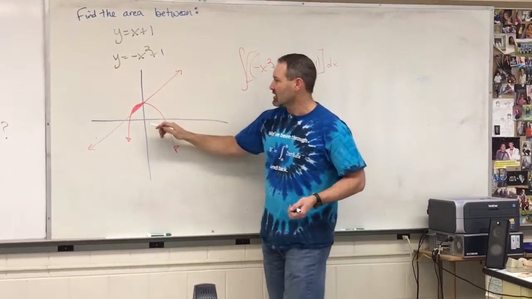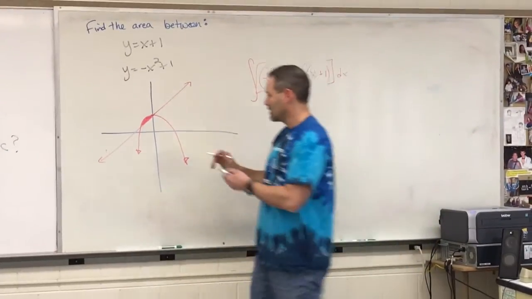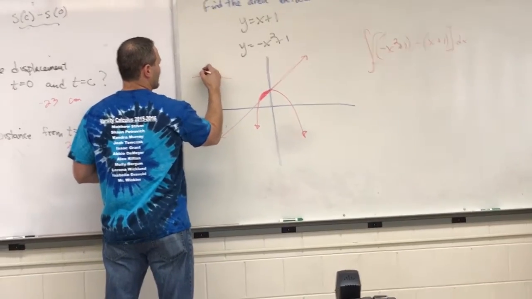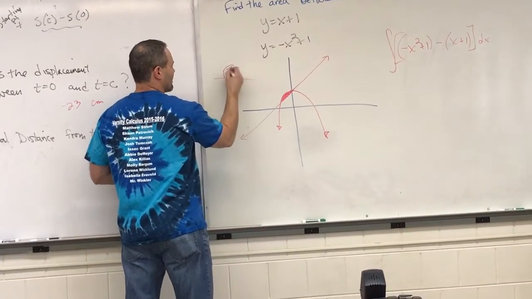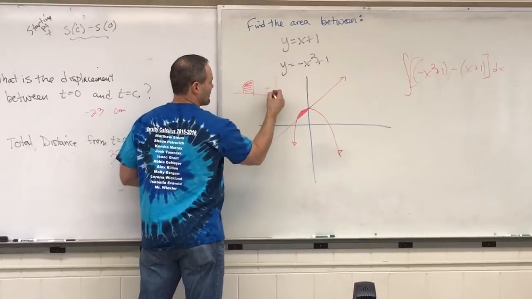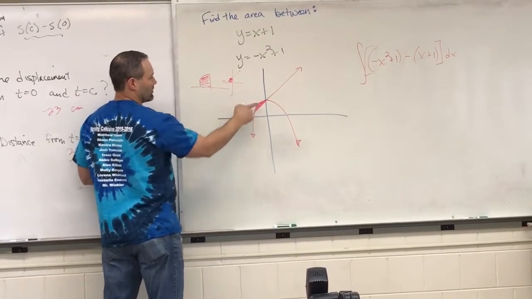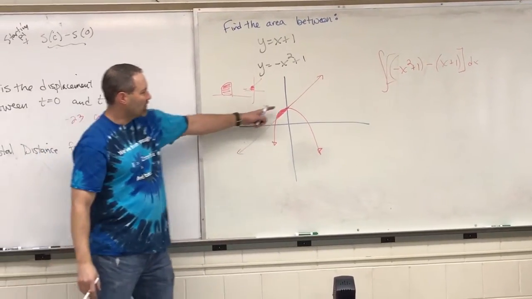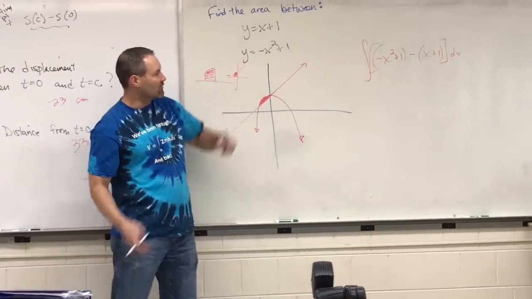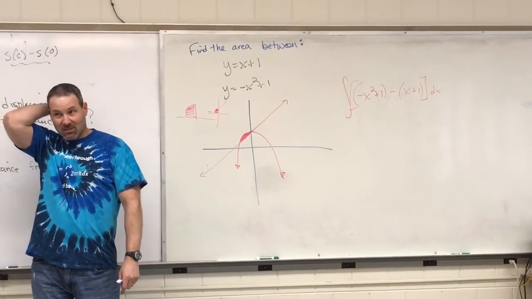So it's like finding this area and then minus this area will give you that area. If I found the area under the whole thing minus the area under that thing, you can combine them in one integral. So now we have to find the points of intersection.